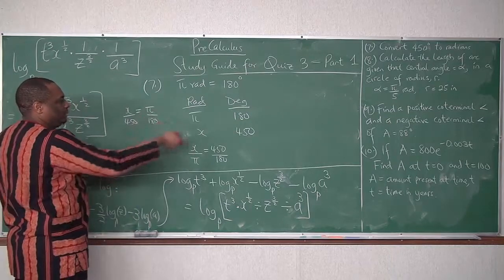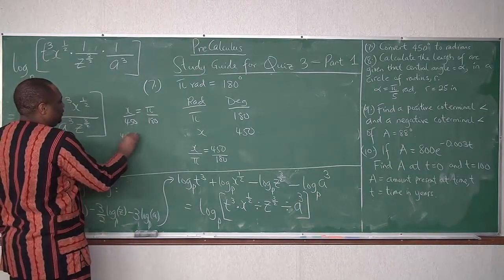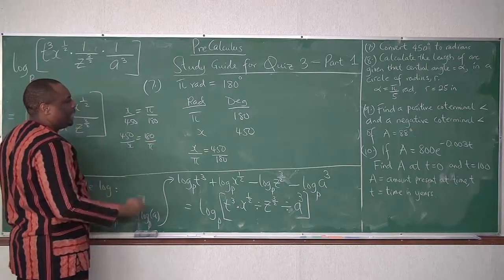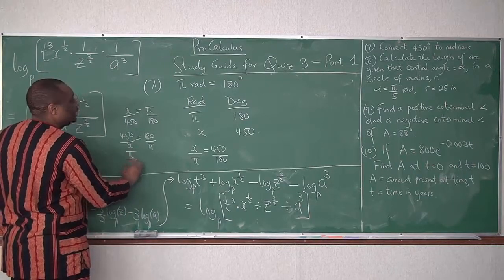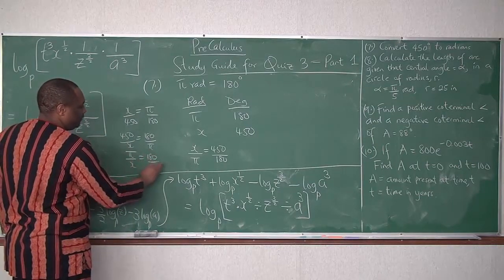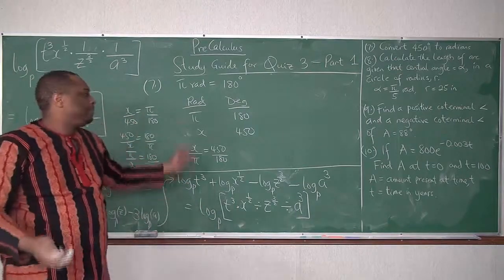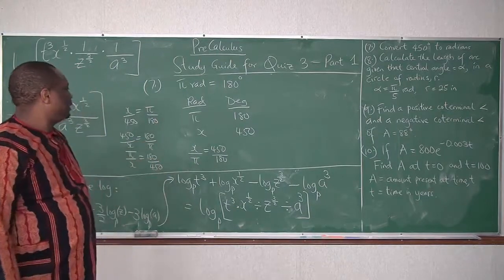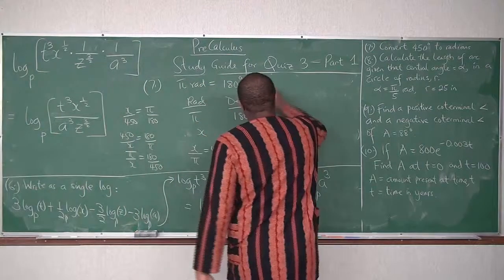Another way, you can write 450 over x equal to 180 over pi. Another way, pi over x equal to 180 over 450. So when it comes to conversions, you can always establish it as a proportion. Now I'm going to use this one because it's easier.